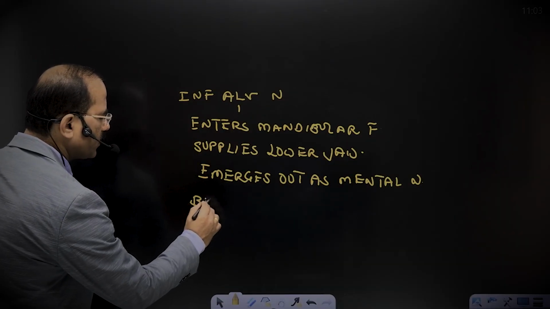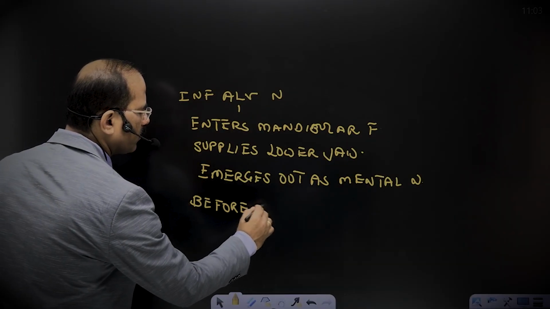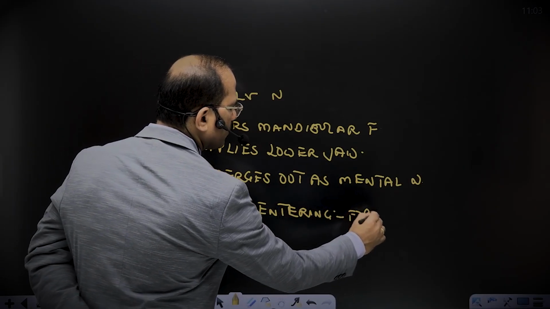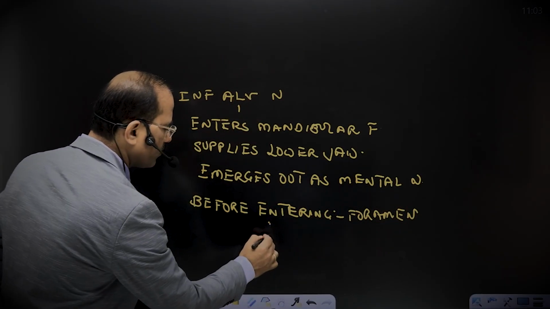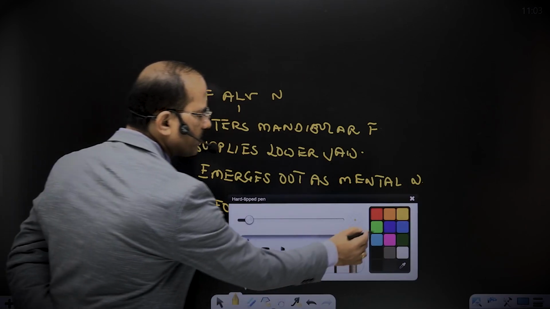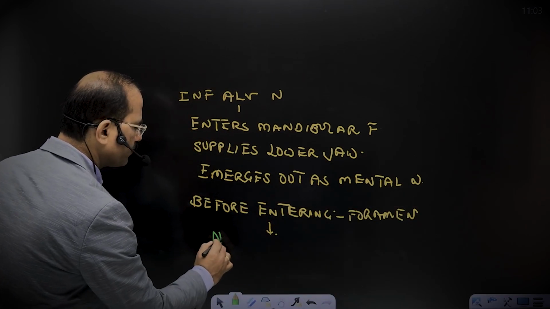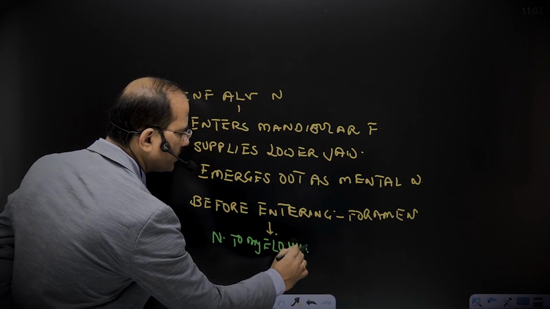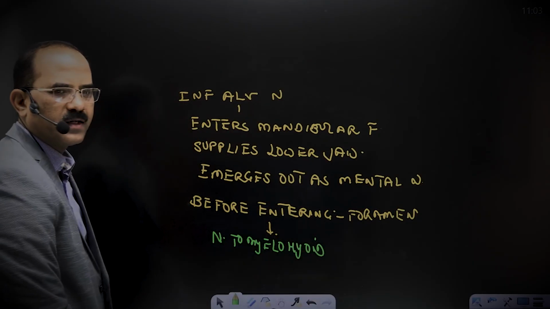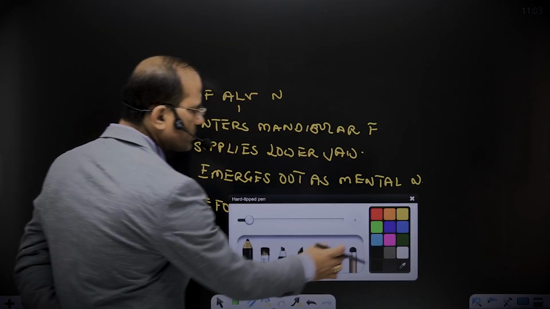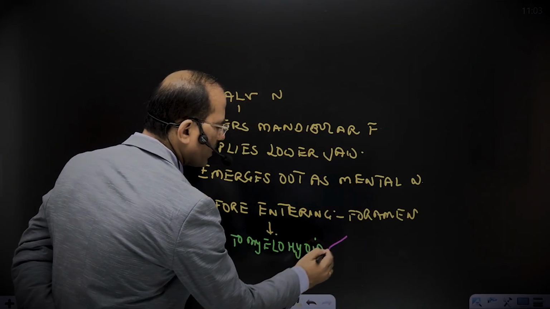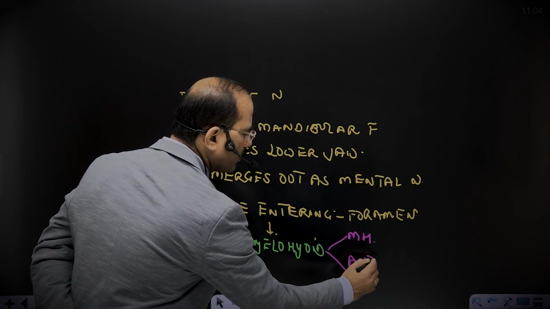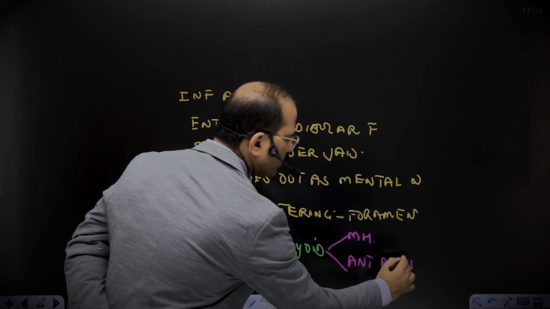Before entering the foramen, it gives a branch. What is the name of the branch? It gives a branch that's the nerve to mylohyoid. That's the nerve to mylohyoid, right? And this nerve to mylohyoid is going to supply two muscles. Number one, the mylohyoid muscle, and the anterior belly of digastric.